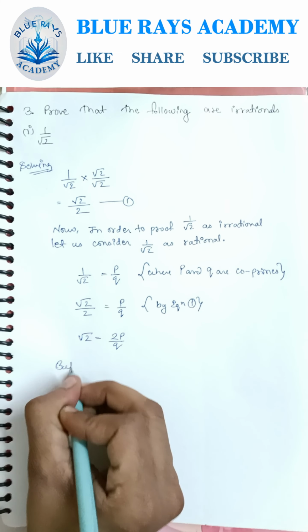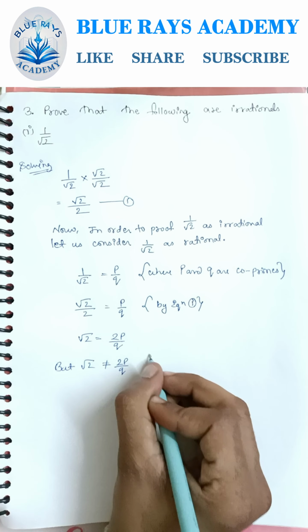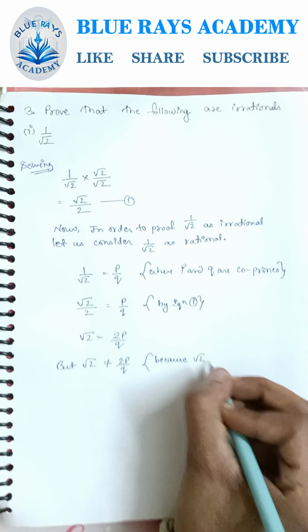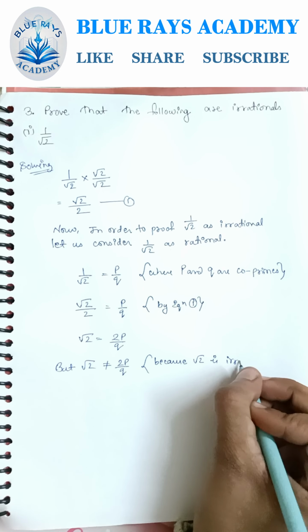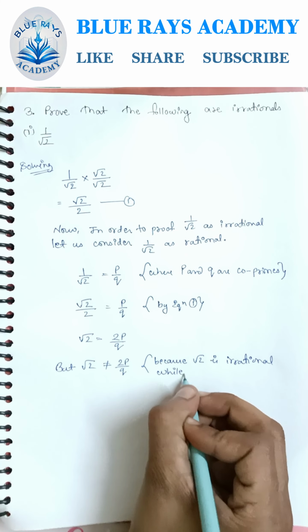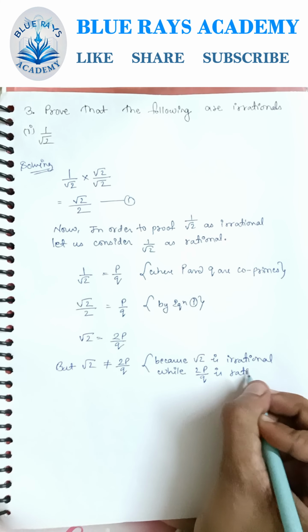But root 2 cannot be equal to 2p upon q, because root 2 is irrational while the term 2p upon q is rational.